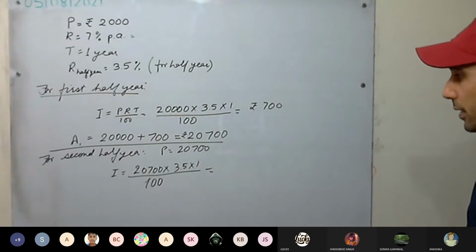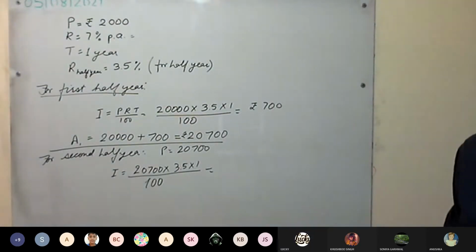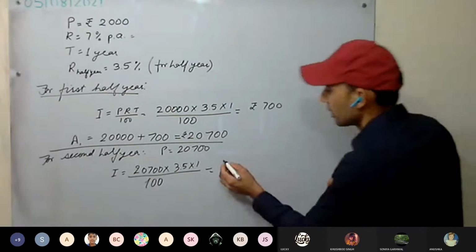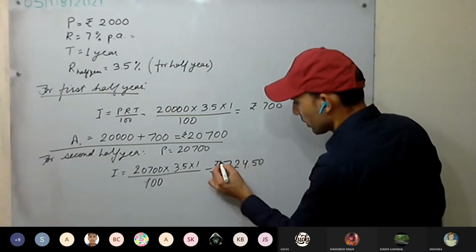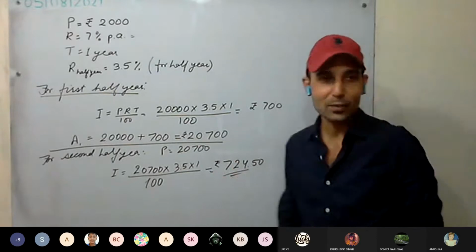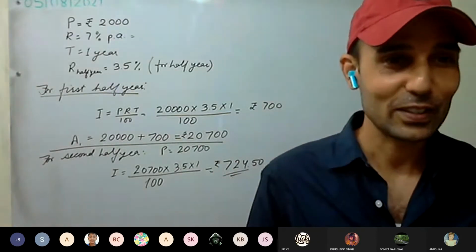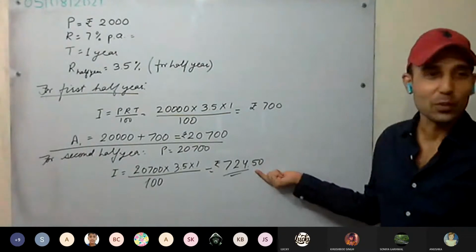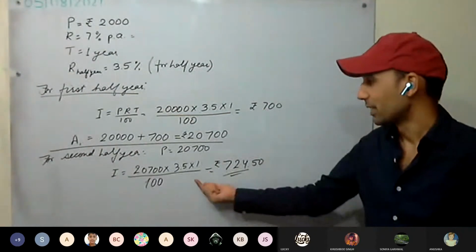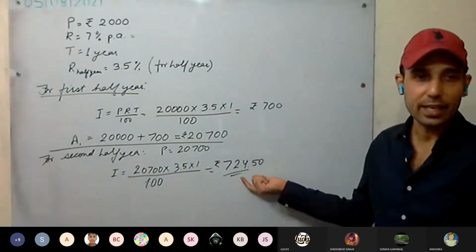The zeros will get cancelled. It is 724.50. Have you multiplied or calculated through a calculator? 724.5. So this is the interest for the second half year.